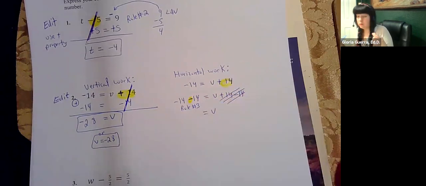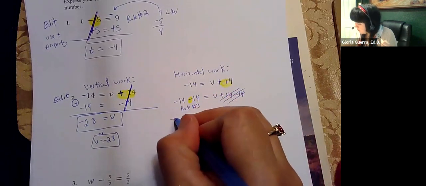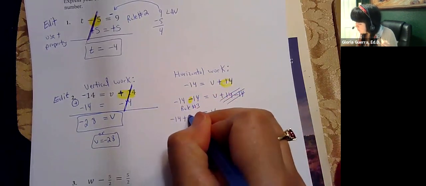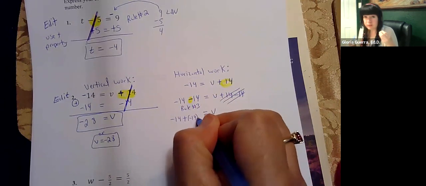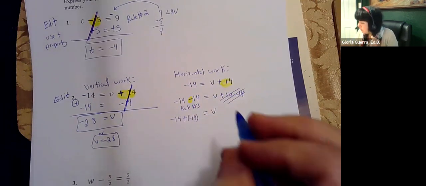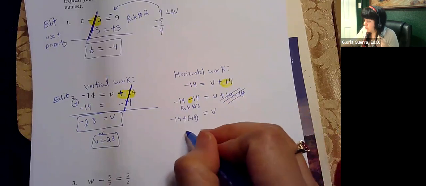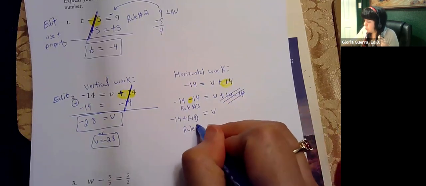And I think when you do rule number 3, you want to rewrite it as an addition problem. -14 plus -14. And now that is rule number 1.